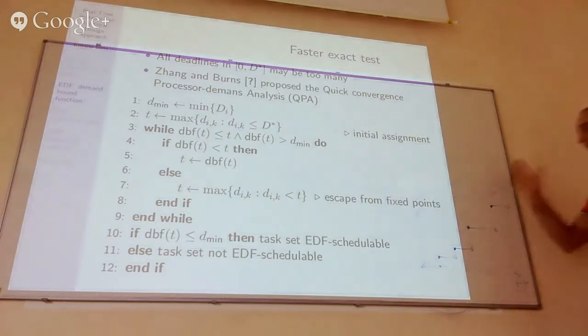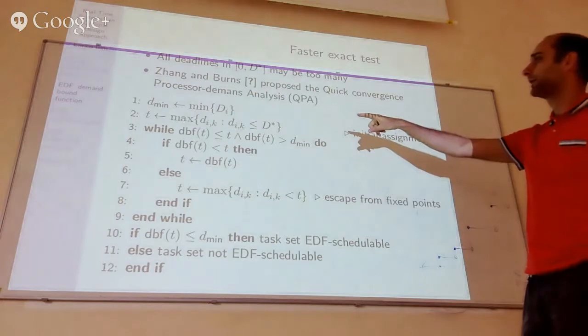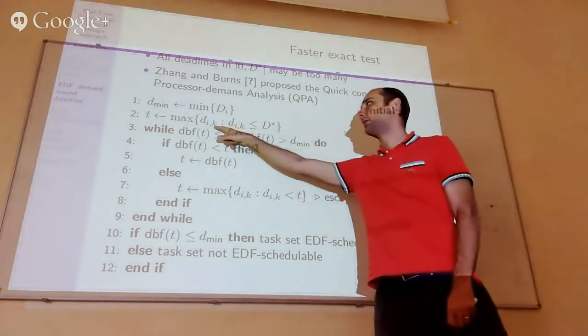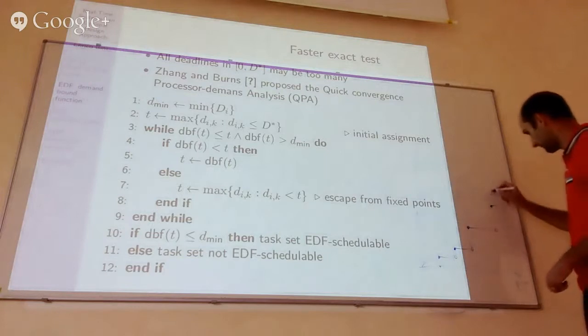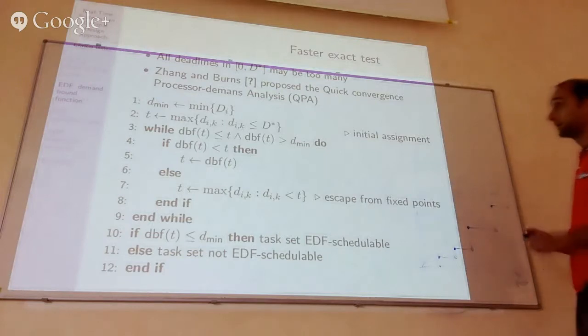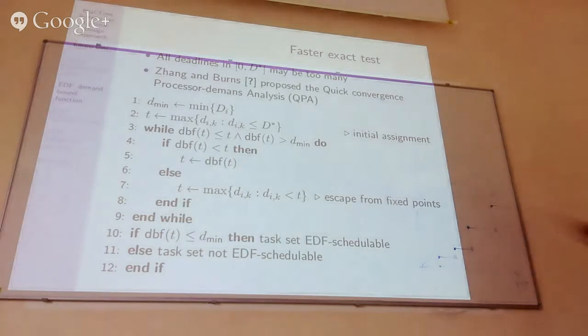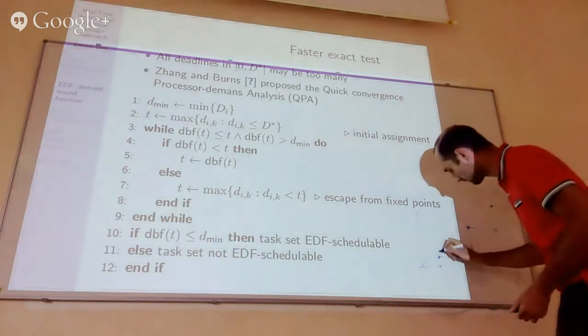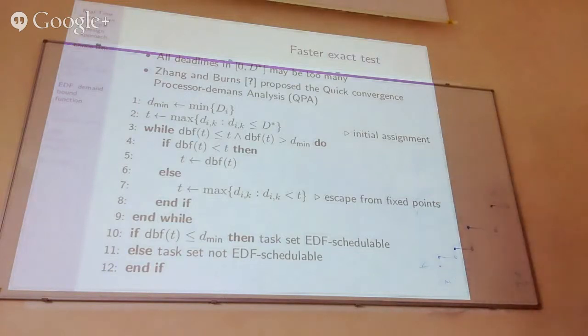So this algorithm starts from the biggest deadline less than or equal to D star. So it starts here. Okay, so T is here. Right. So we start here.